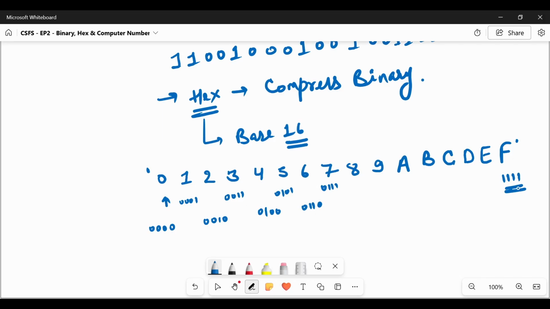So this is how the mapping is done for hexadecimal to binary.